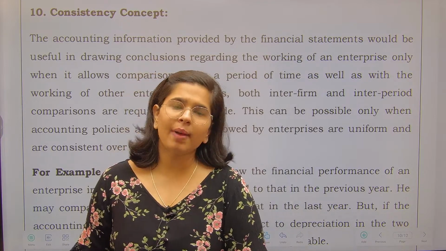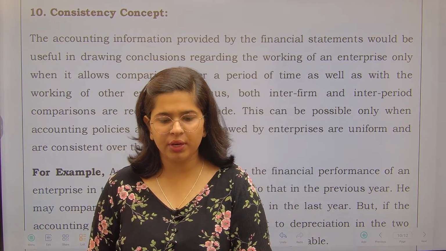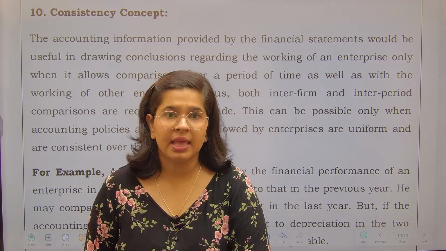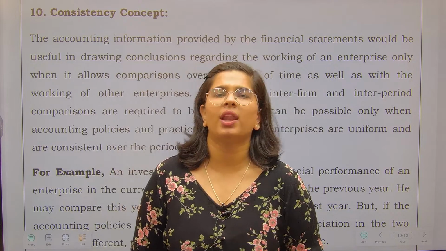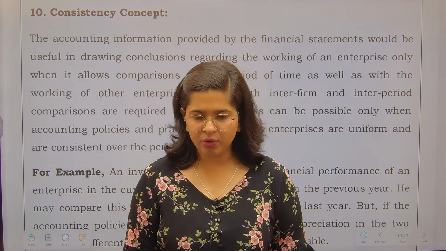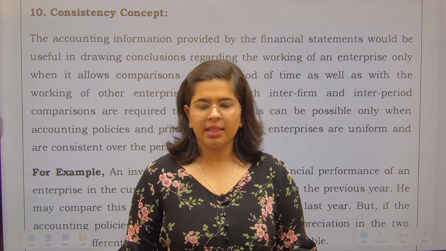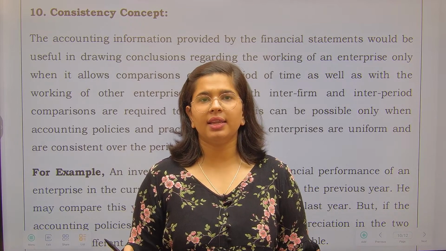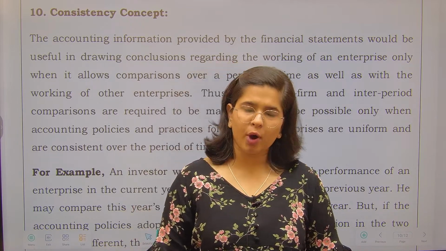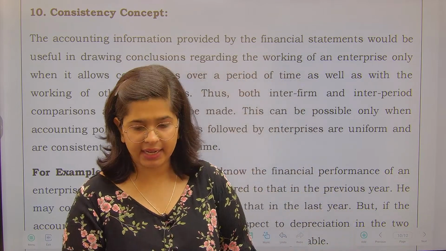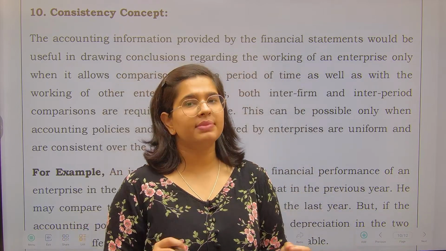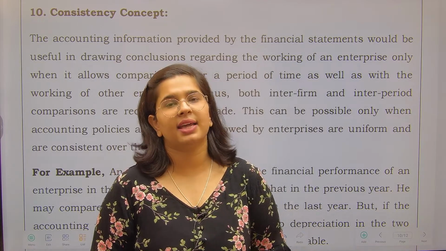Okay? So automatically every entity will be using WDV method only. Now such problems of comparison arise in the case of small entities. They are not bound by anything other than the Income Tax Act. So the problem arises in that case, but for bigger entities like listed entities, they follow the same set of accounting standards and hence they are comparable.